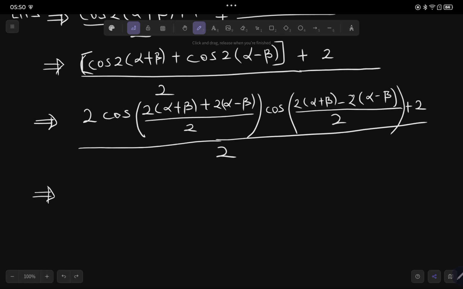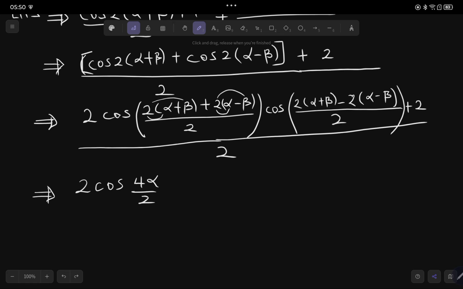Let's now open the brackets. 2 cos. 2 alpha plus 2 alpha is 4 alpha, over 2, so this one collapses. Then we have 2 beta plus negative 2 beta, that is 0.